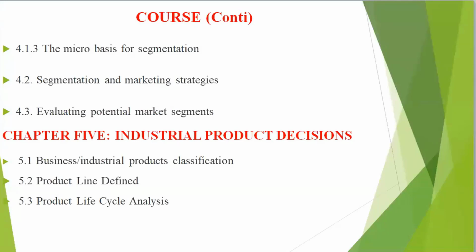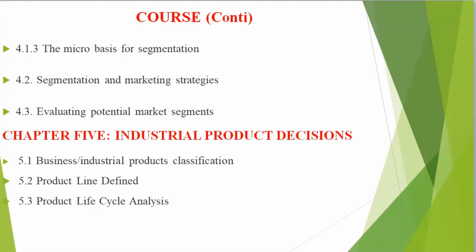So product line can be defined. A product line is a product with different varieties, but the same product. You may produce different products with different features, but within one product line.